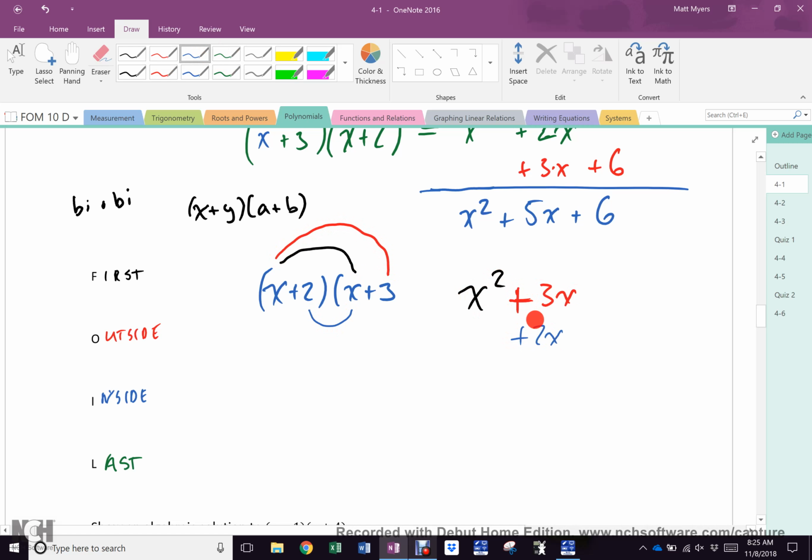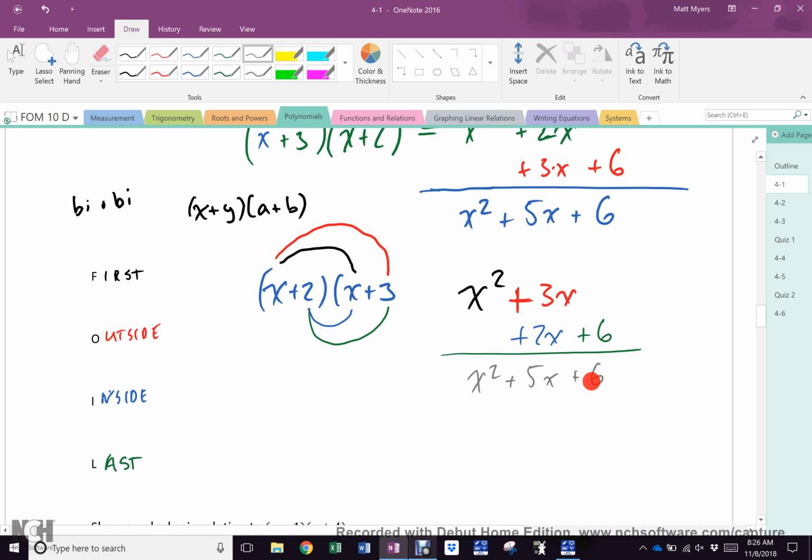Now, I stack these up so my like terms are right attached to each other. I'm going to show you what you might have been shown before, and I'm going to tell you why I don't like that. Okay? And then last is the green arrow, and that is plus 6, since 6 has no like term. And then I add it up. x squared plus 5x plus 6.